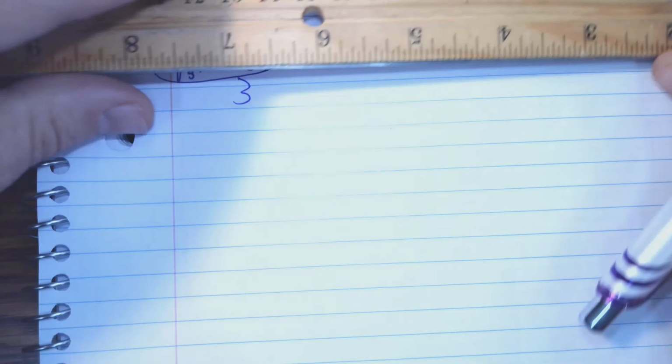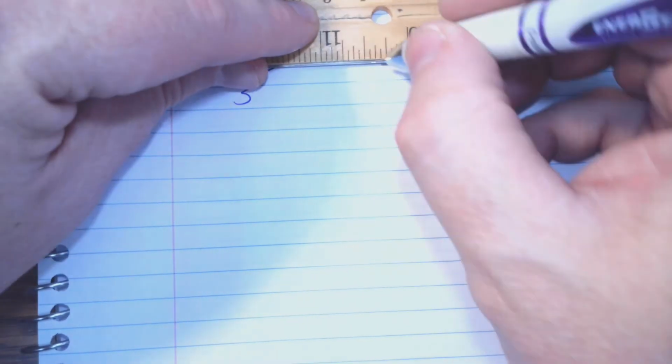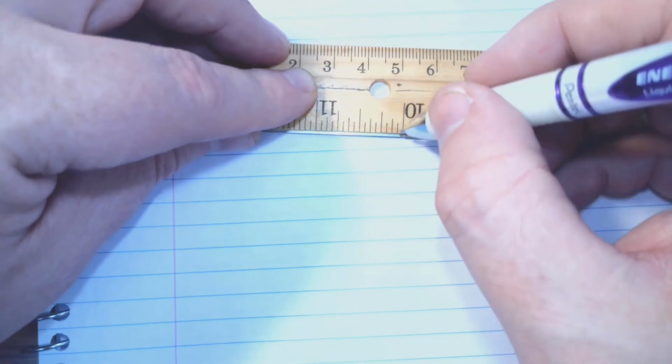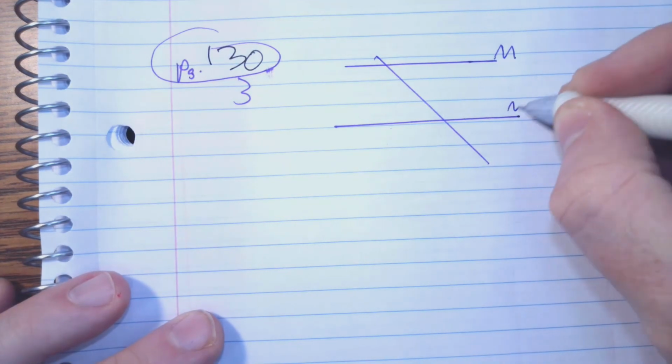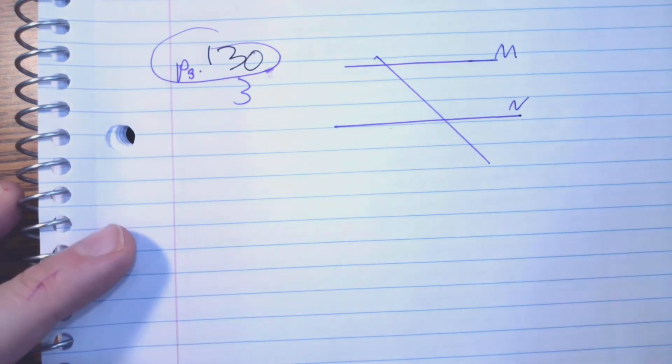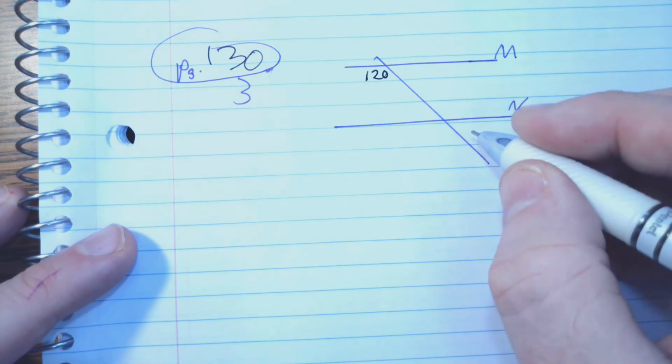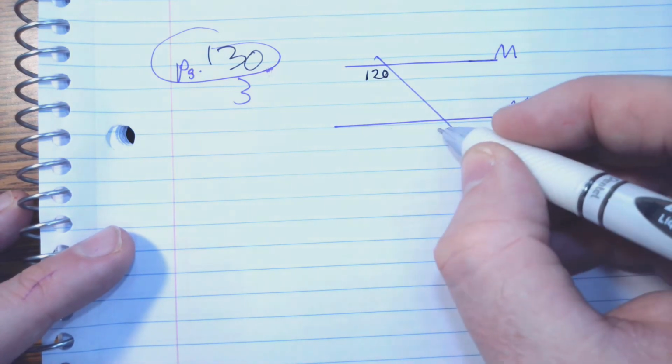It is kind of a tricky way to ask a question and do this exact same thing you did on the last assignment. Okay, the directions say find the value of x that makes m parallel to n.